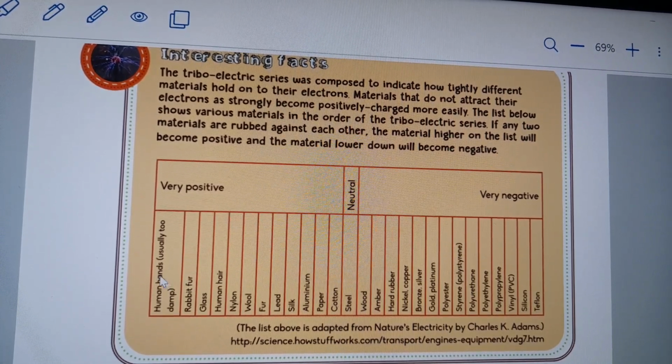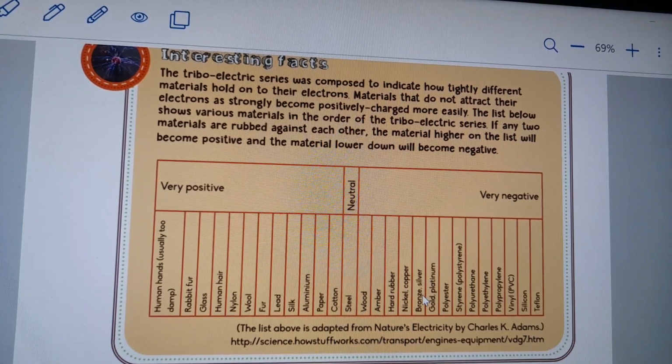Okay, so which means these materials give their electrons easily, so they will be left positive, and these ones, they accept the electrons easily, so they will get an electron. Okay, so we'll have excess electrons and it will be negative.